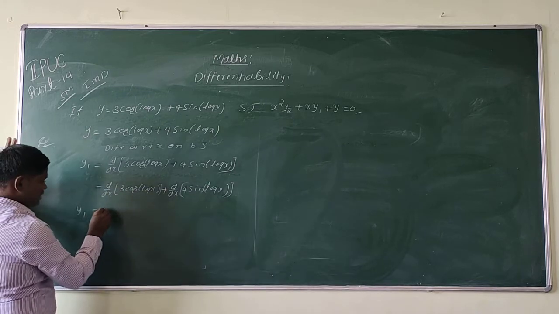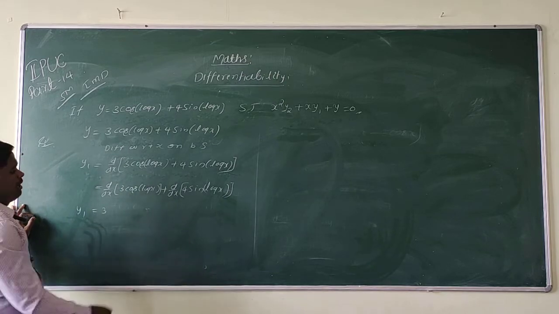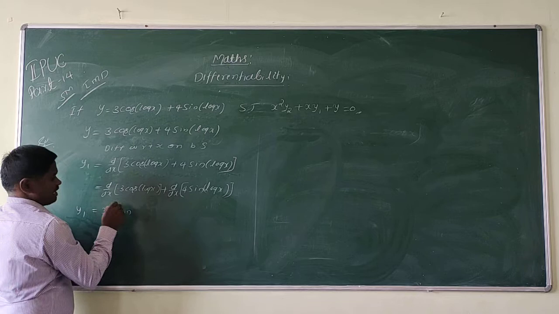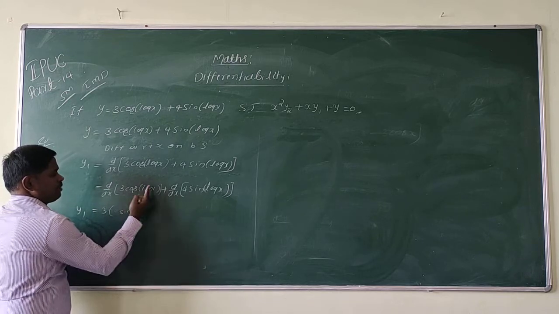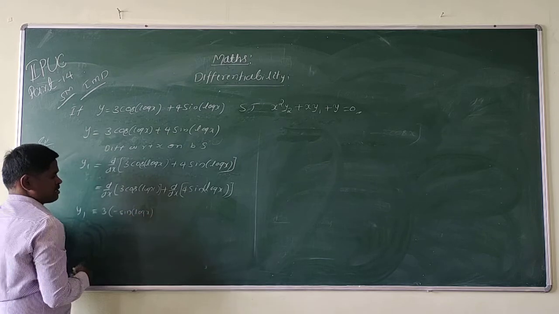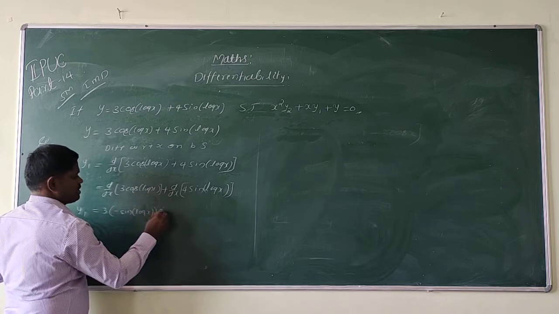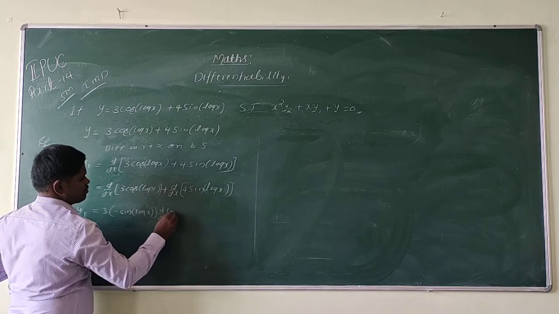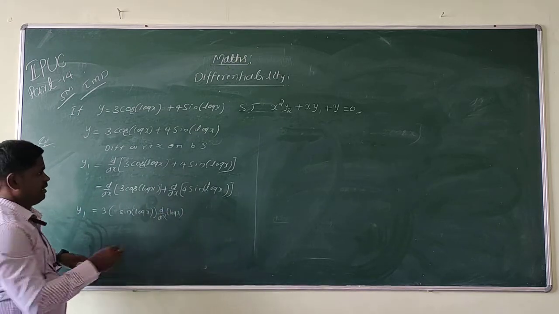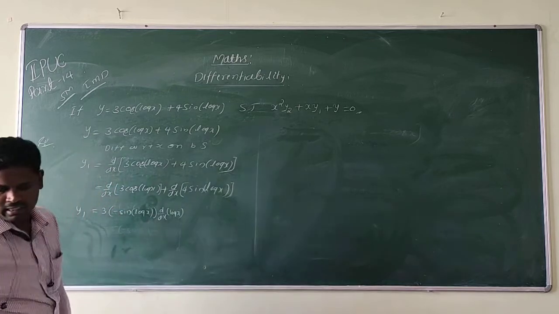The constant 3 is taken outside, 3 into the differentiation of cos(log x). Just feel like it is x: the differentiation of cos x is −sin x, so in place of x we have log x, giving −sin(log x) into the internal differentiation d by dx of log x.